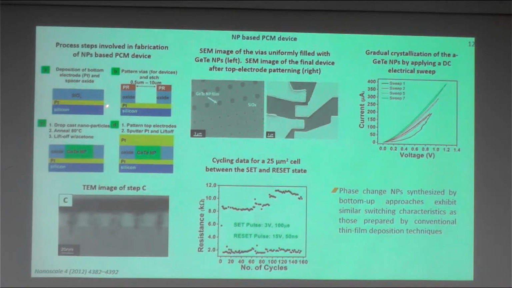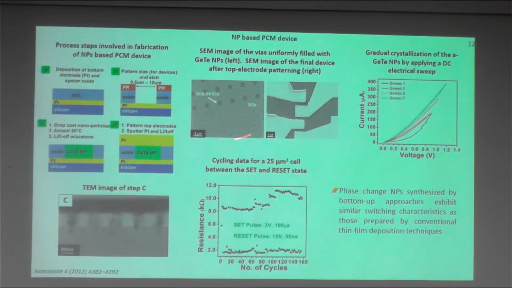First you have to produce some electrodes, then spacer oxide, then also pattern it and produce holes or pits, and then you make a drop cast of your nanoparticles, anneal them, and then deposit another electrode, a platinum electrode, to make contact between them. This is the TEM image of step C. You can see the nanoparticles inside of such holes here.